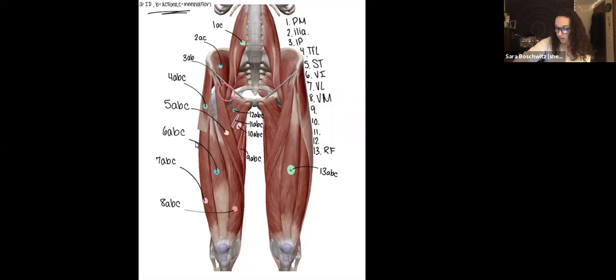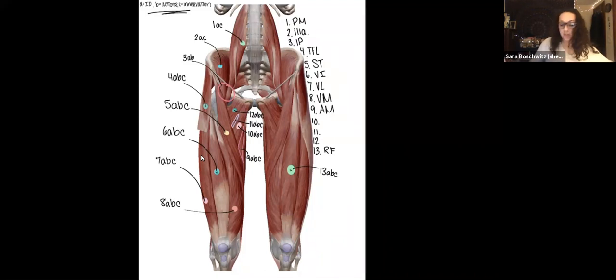All right, number 9. So I drew a little triangle-ish there, so you could see exactly where I'm indicating. Number 9 is going to be the Adductor Magnus. And the Adductor Magnus is going to have 2 parts.